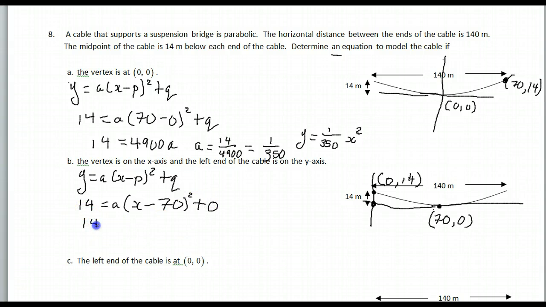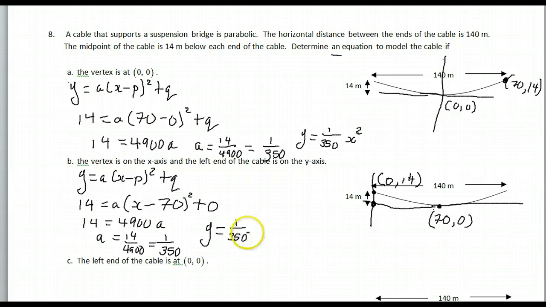This gives us 14 is equal to 4900a. So a is again 14 over 4900, which is 1 over 350.